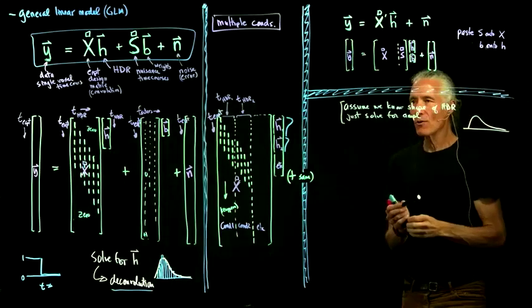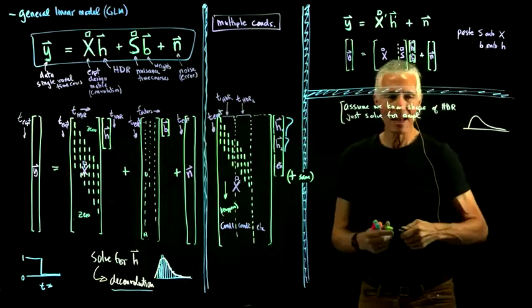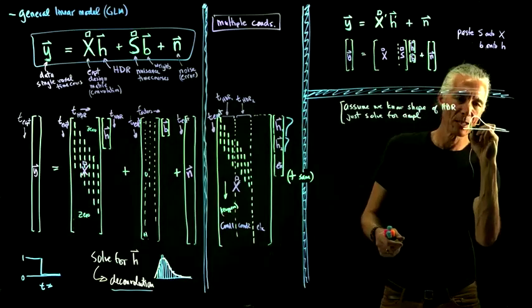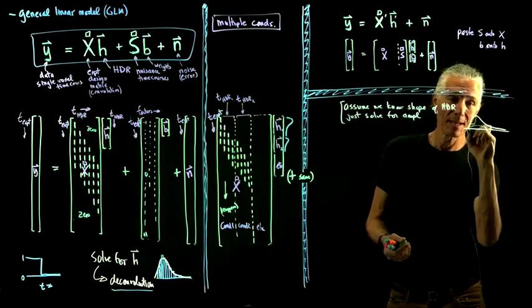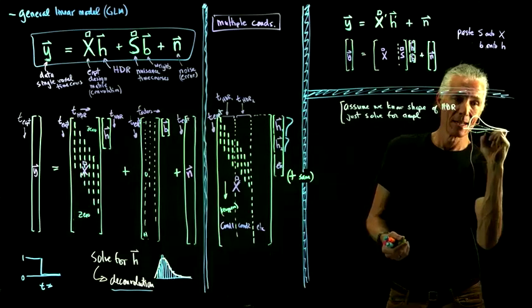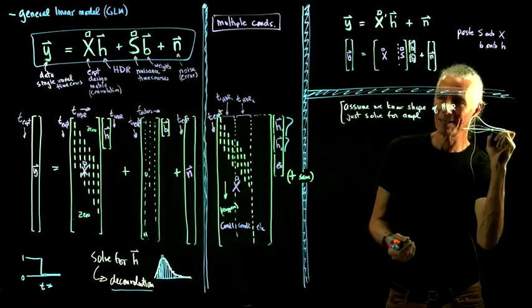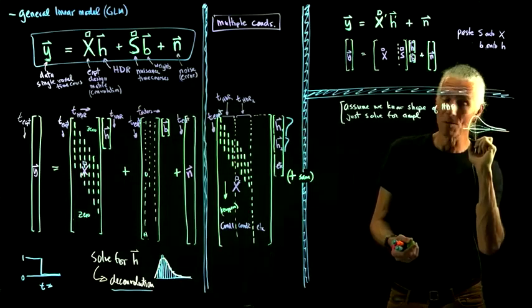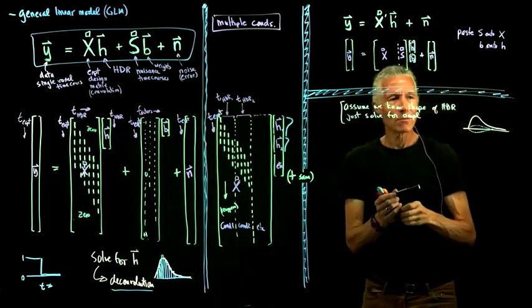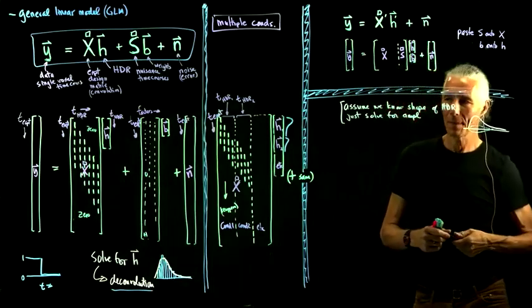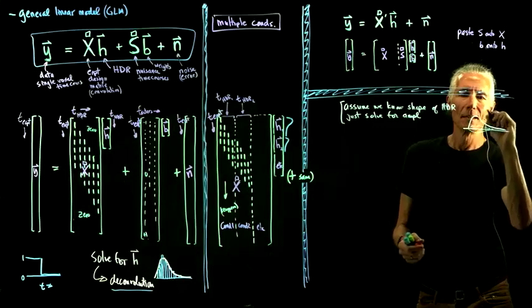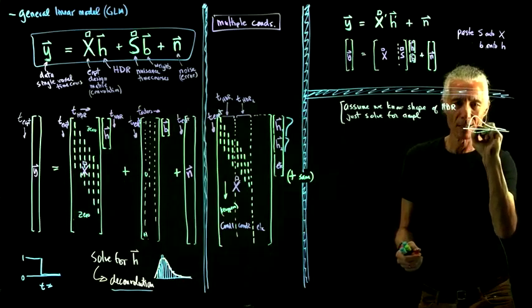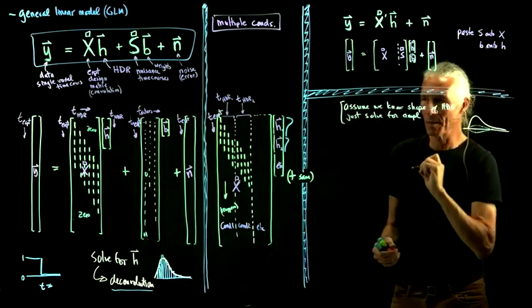And the only thing we don't know is just how high it was. It's always going to have that shape, but maybe it's low, or maybe it's actually negative. This voxel suppresses itself when something comes in. That's possible too. And so in this case, we're just solving for one number. So the idea is there's just one number, which is what we multiply that hemodynamic response function by.